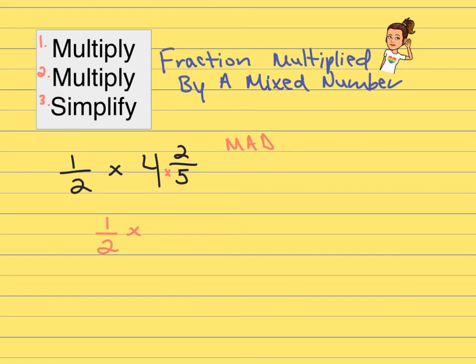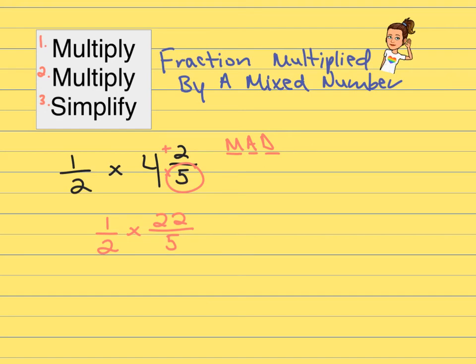That's the M. 5 times 4 equals 20. Then we add. That's the A. 20 plus 2 equals 22. We write that as our numerator. The D stands for denominator, and we have the same denominator that we write, 5.